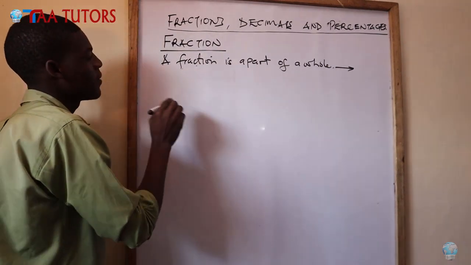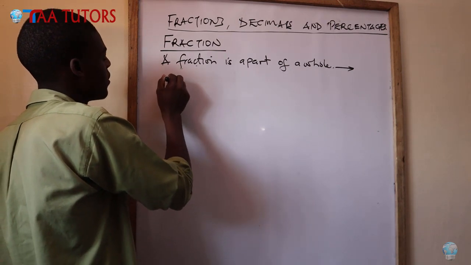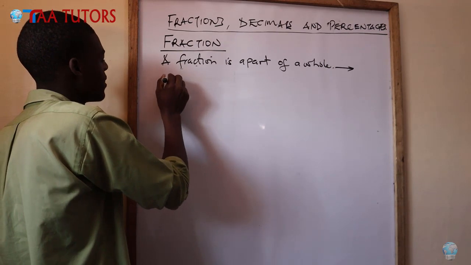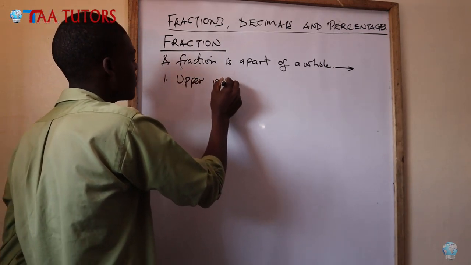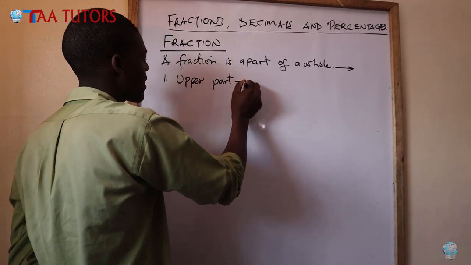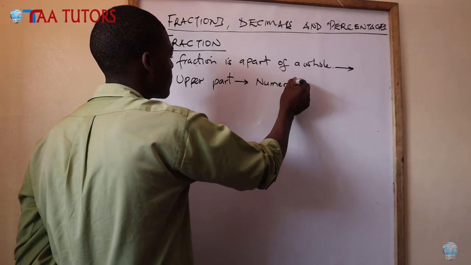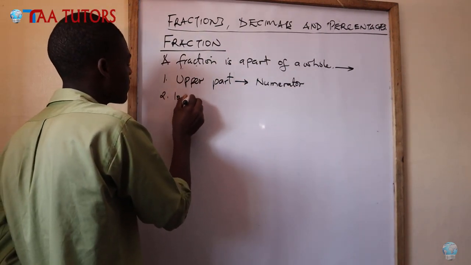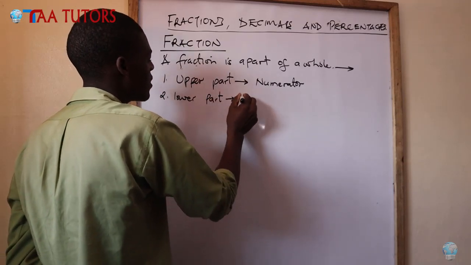A fraction always has two parts. When you have a fraction, you will be able to identify these two parts. Number one is the upper part. The upper part of a fraction is called the numerator. And then number two, we have the lower part. This lower part is called the denominator.